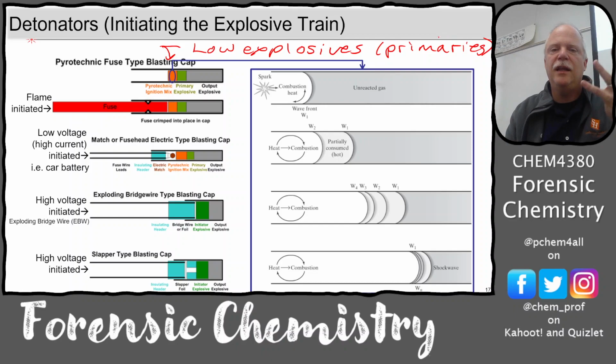That's the first thing that sets off a detonation. So it's the one that transitions from burning to detonation. Then you'll have the secondary or booster explosives in this green, and then you have the output explosive, the one that's actually giving you the energy that you want.